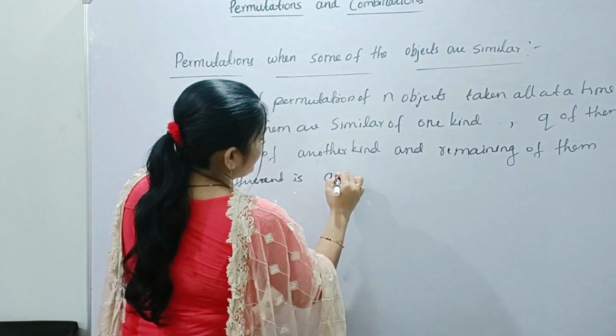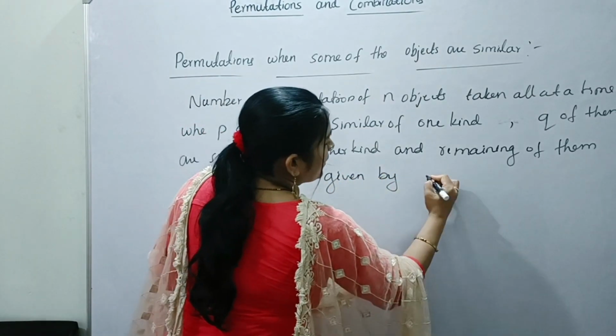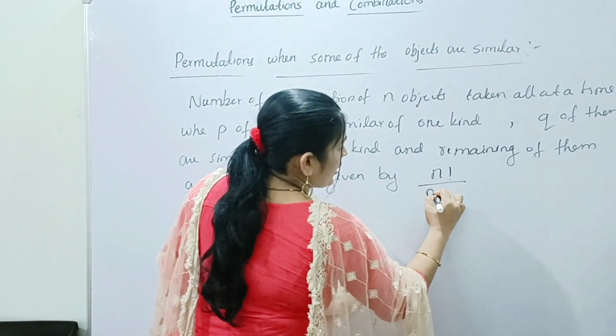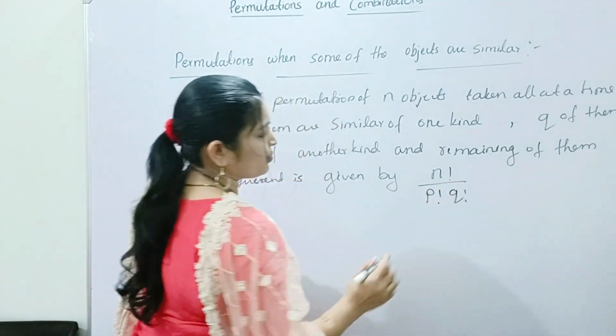It is given by n factorial divided by p factorial into q factorial.